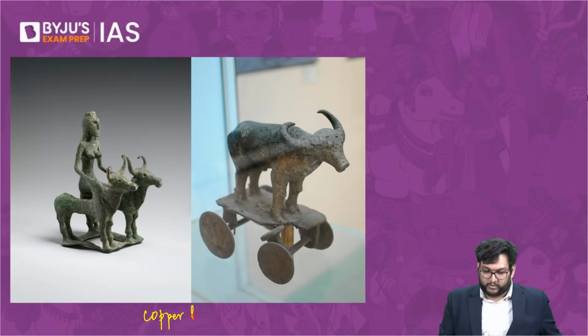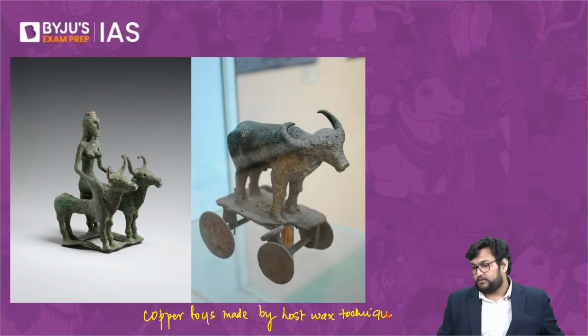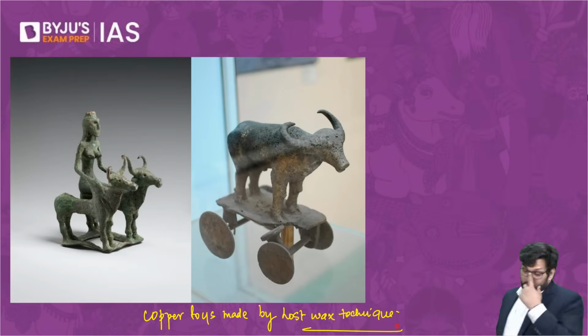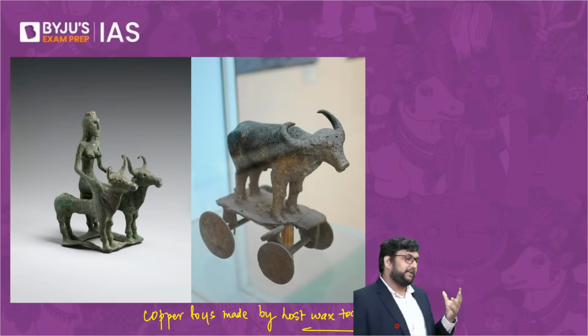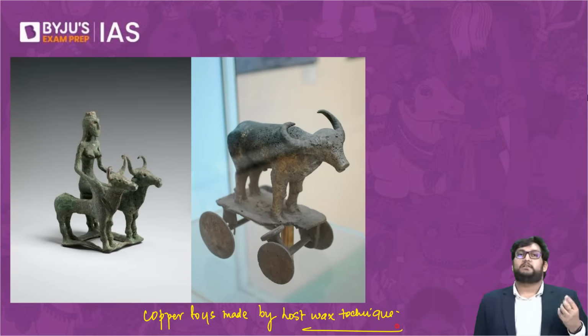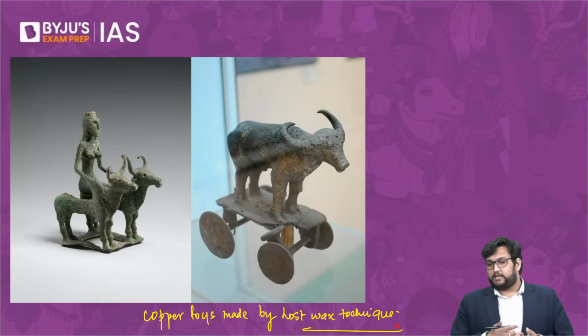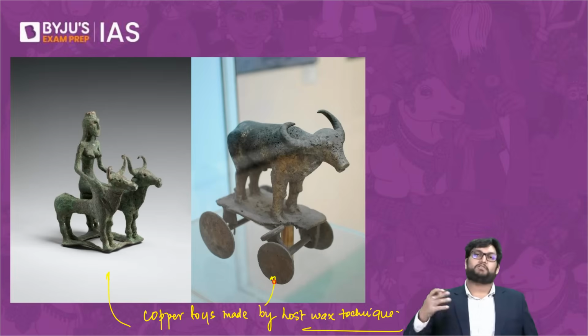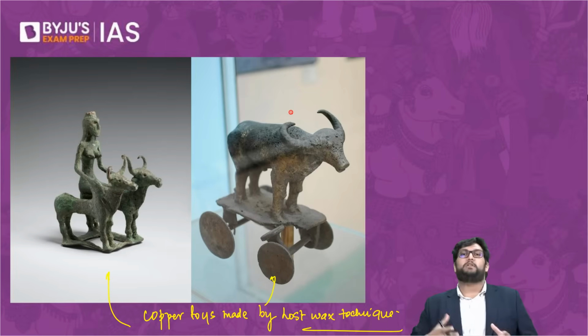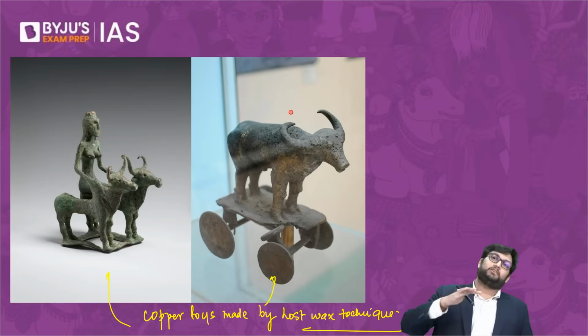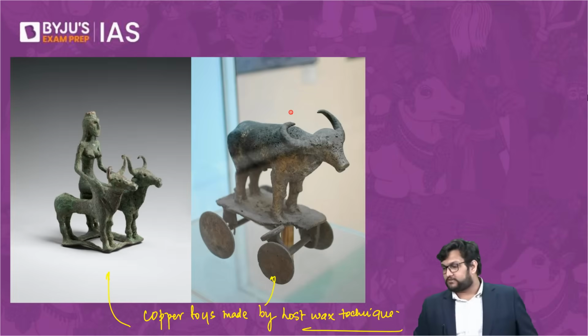These are called copper toys made by lost wax technique. We know it is copper because of the green color which is on there. Green color, copper oxide mostly takes the green color. So oxidization, the rust of copper, is basically in green color. Now, these copper toys were made by lost wax technique, in which you make the wax object. So they made a wax object like this, put it into a mold, heated the mold, wax started to melt, took it out, poured copper, and then they got this.